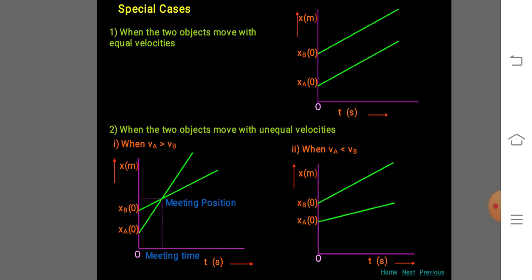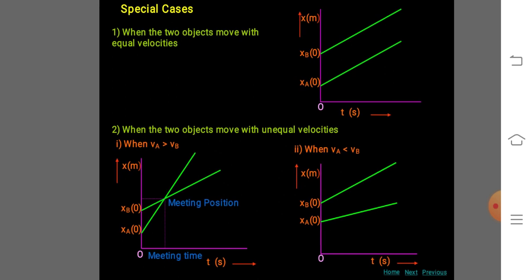This shows that the separation between the two moving objects will go on decreasing with time. After some time, the two moving objects meet. Here you can see the meeting position. After they meet, the relative distance between the objects increases with time. You can see it in the figure.